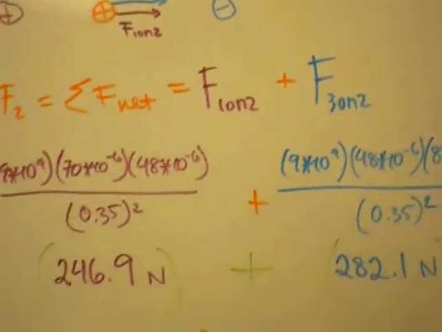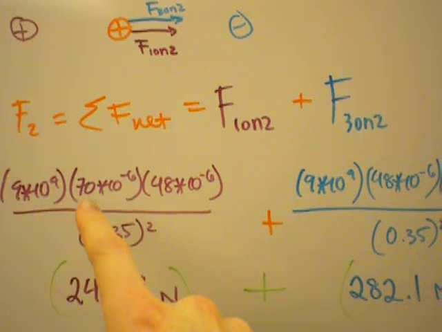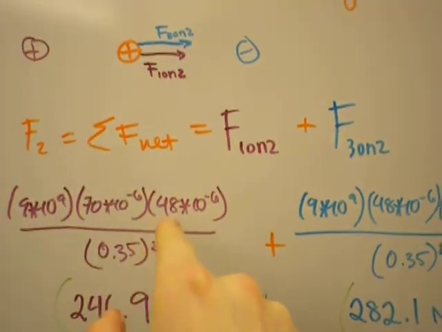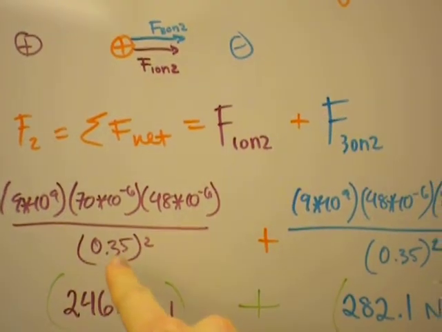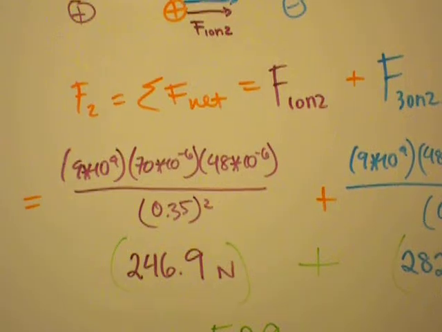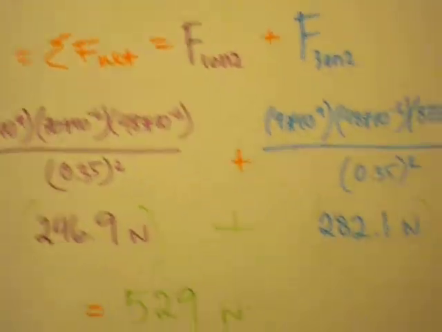So what we're going to do is just plug and chug into Coulomb's law. We have the charge of number 1, charge number 2, and the distance between them, squared, and of course K over there. And that's 246.9 newtons.